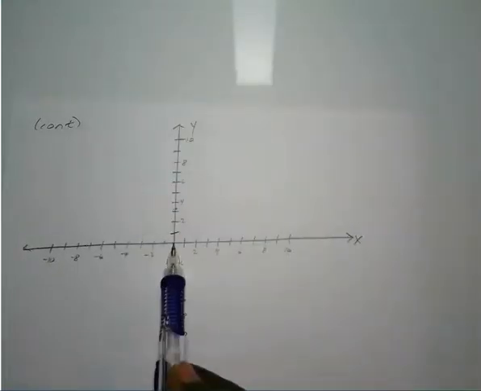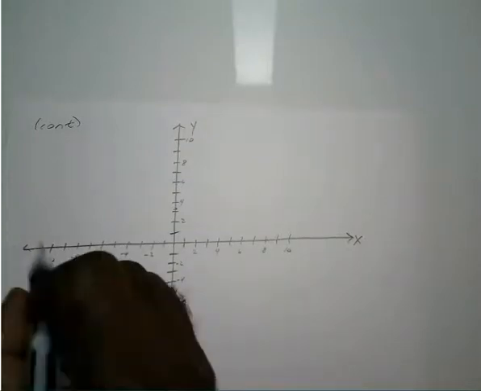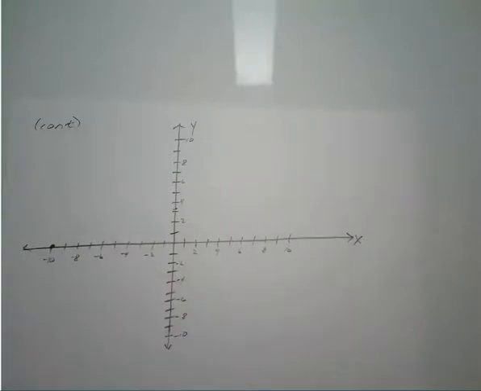So x is negative 10, counting 1, 2, 3, 4, 5, 6, 7, 8, 9, 10, which is about right there. Now we just connect those two points.